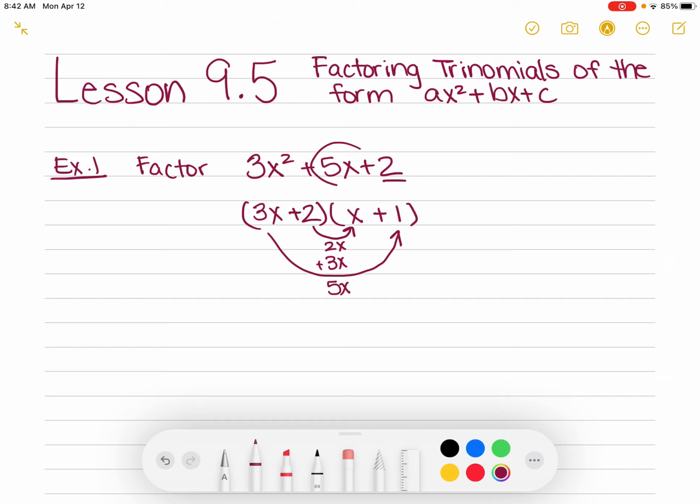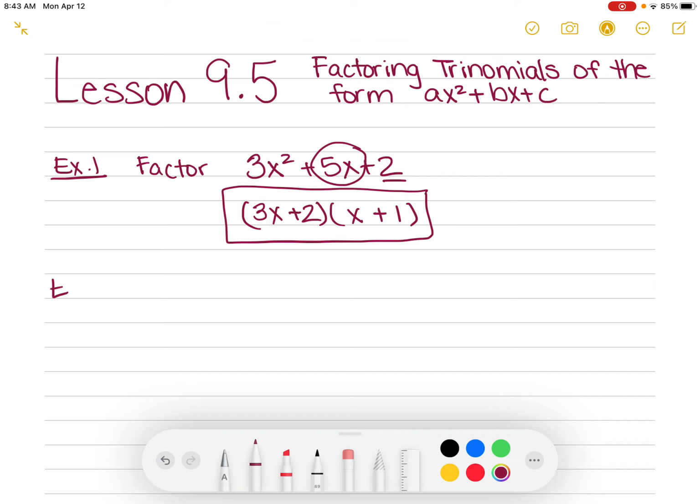And now, do you see that one works? The trick really on this one is knowing where to put your numbers. This one was easy because I knew 3x and 2 only had one way to do it. So there's my answer.